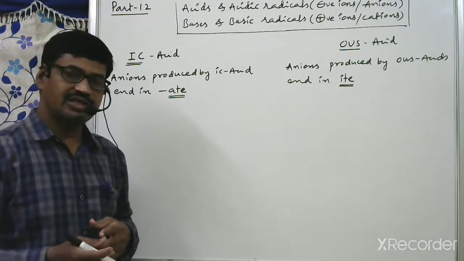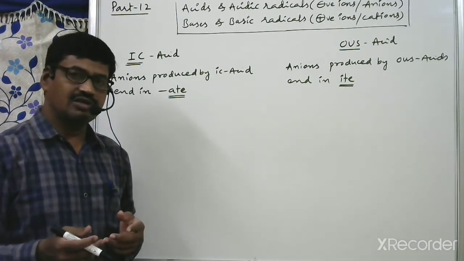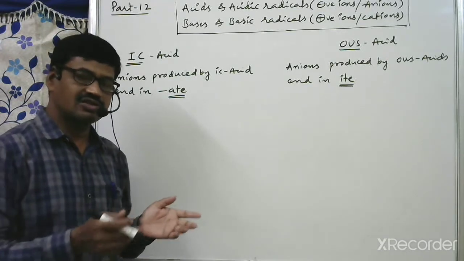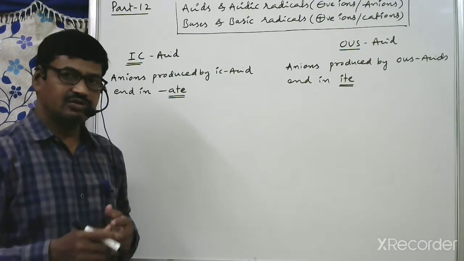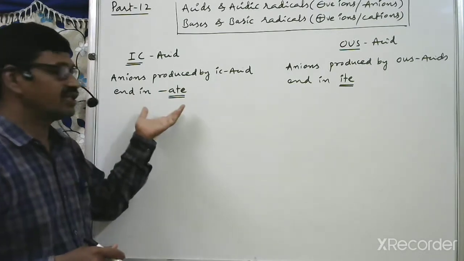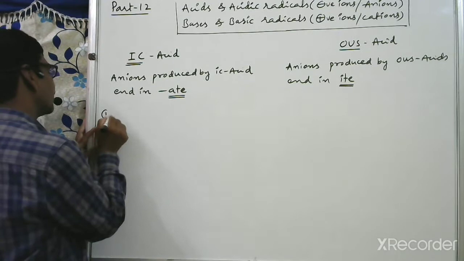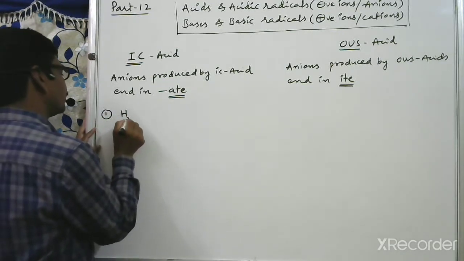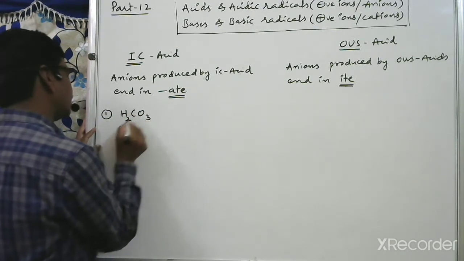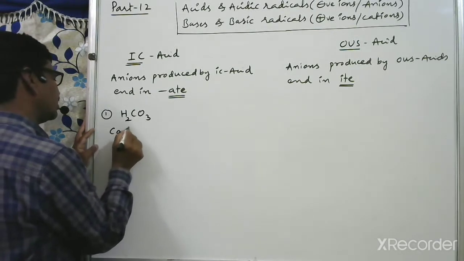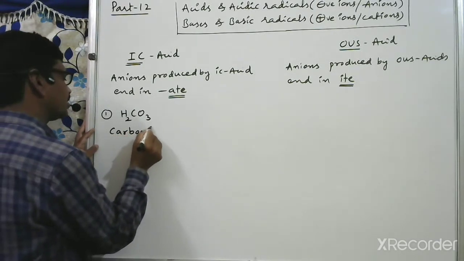You know how to write the formula of a particular salt using the crisscross method. In the earlier class, last class, we discussed it. So further we have to discuss compound ions. See, the first example I am giving is H2CO3. This is carbonic acid. You have to remember, it is carbonic acid.